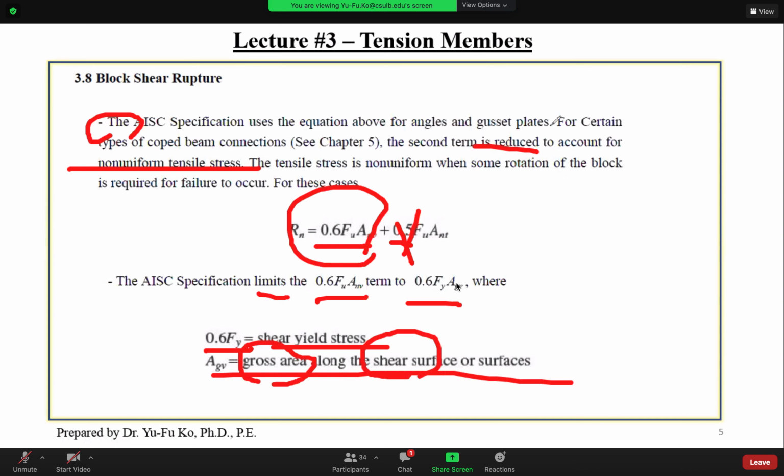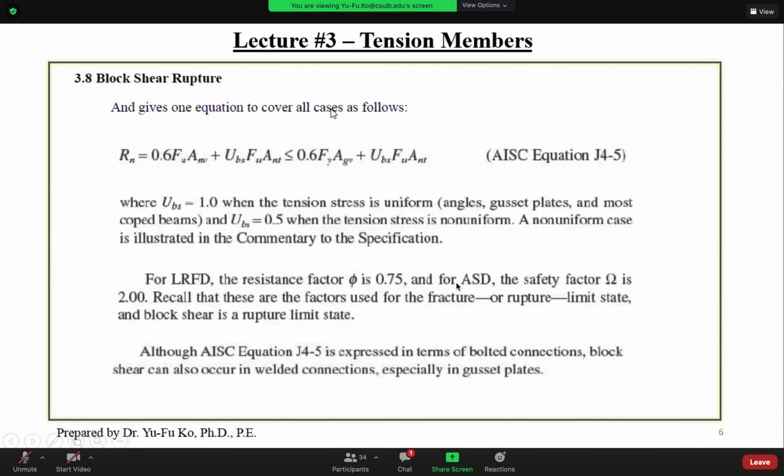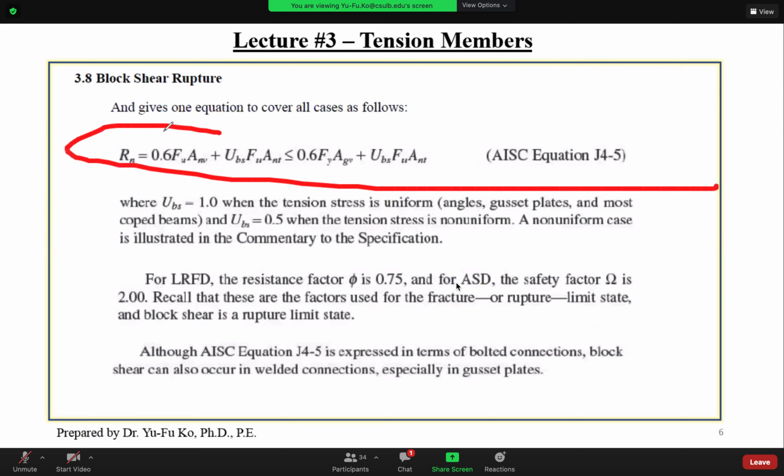With that being said, the final equation in chapter J of your manual to cover all the cases is 0.6 FU ANV plus UBS FU ANT, with the limit of 0.6 FY AGV plus UBS FU ANT.